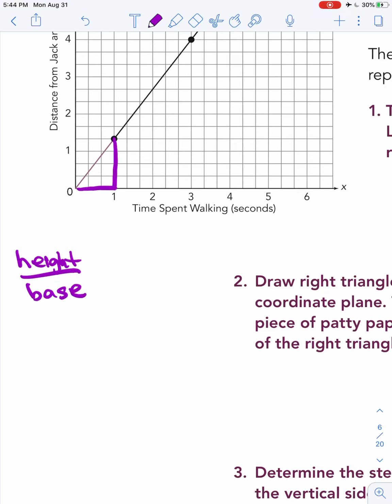So I need to see how high this is. If you look, these are in thirds. So this is 1/3, 2/3, 3/3, and this is 4/3. How tall is this? This is 4/3 tall. How far across is it? It is 1. So if I'm talking about that first triangle, it's 4/3 over 1, which is 4/3.